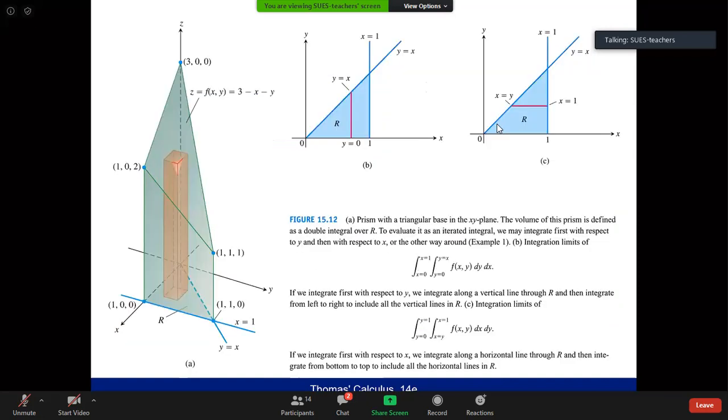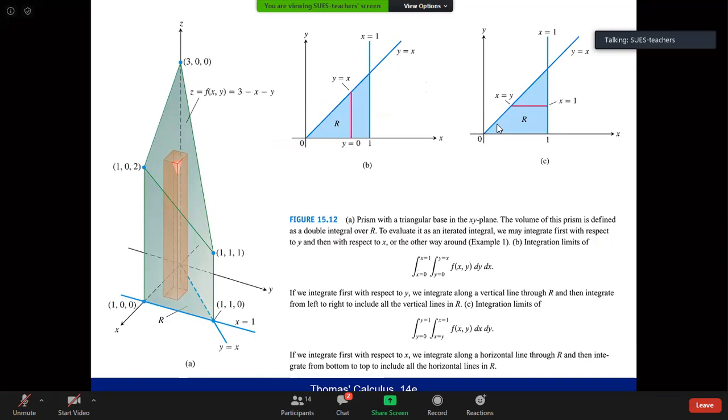So let's see here. A prism with a triangular base in the xy-plane. The volume of this prism is defined as a double integral over R. To evaluate it as an iterated integral, we might integrate first with respect to y and then with respect to x, or the other way around.